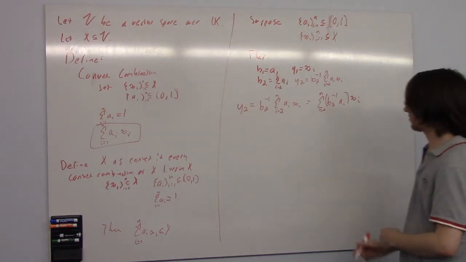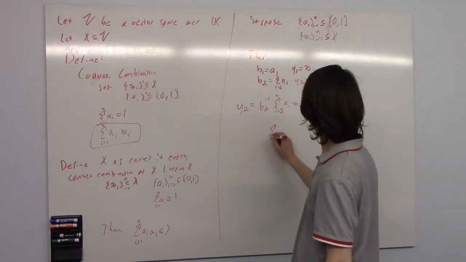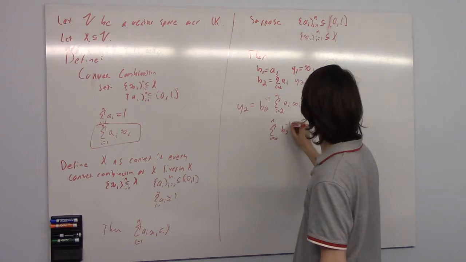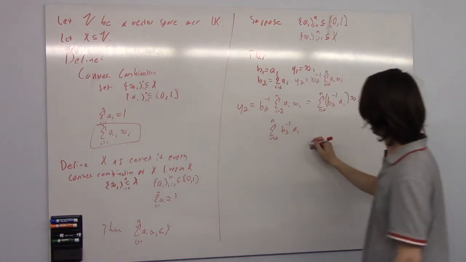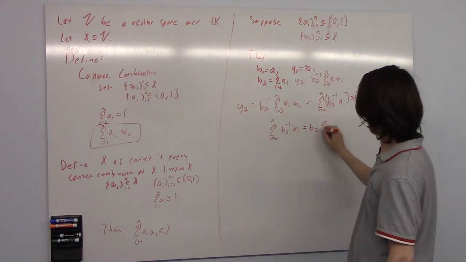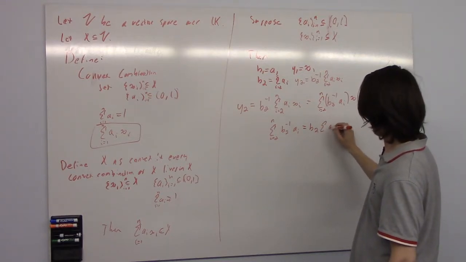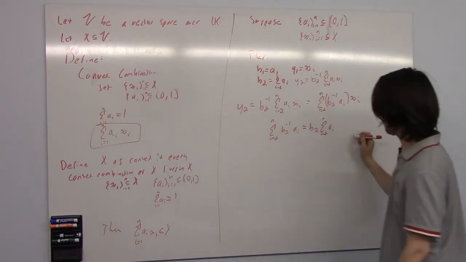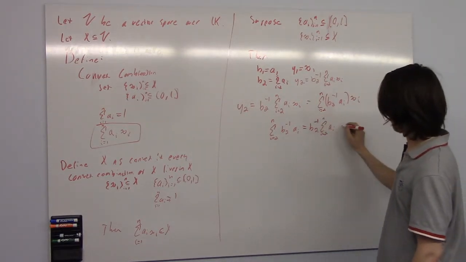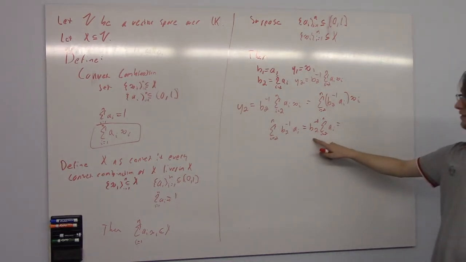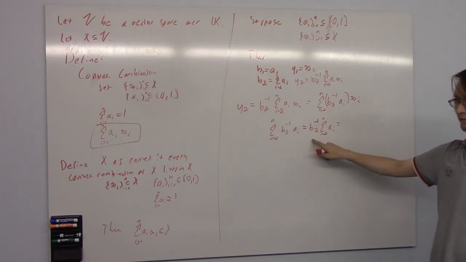Okay, we also see the sum from i equals 2 to n of b2 inverse ai. This equals, as we showed, b2 inverse times the sum of ai, i equals 2 to n. Now this is a non-zero real number between 0 and 1.